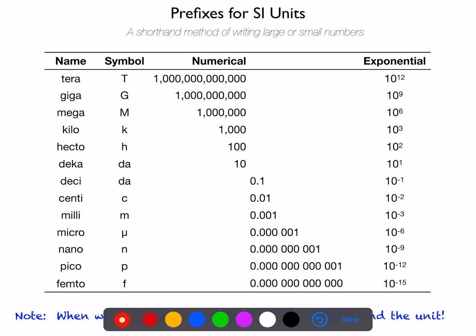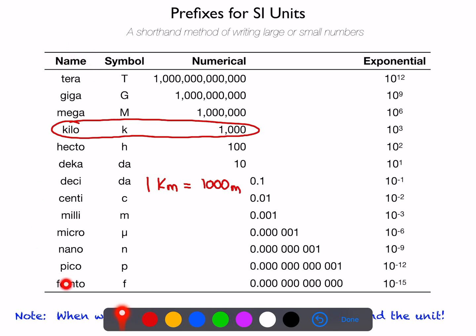So for example, if we take the kilo prefix, the way we would read the table is, we would say 1 kilometer is equal to 1,000 meters.